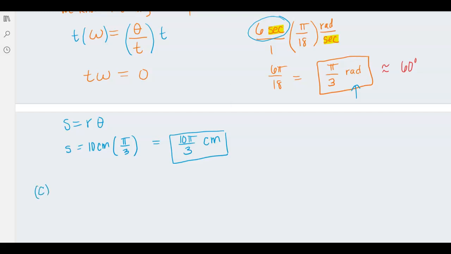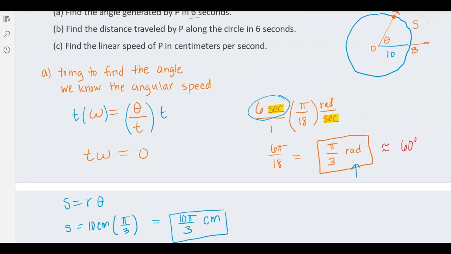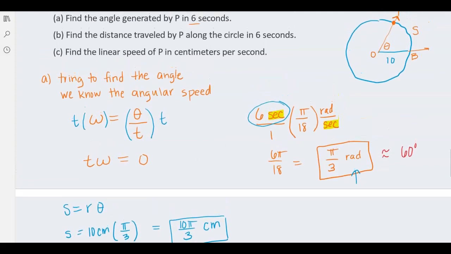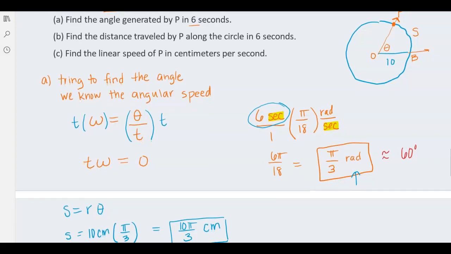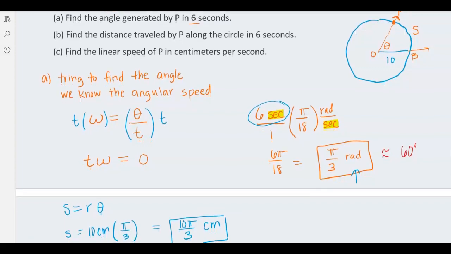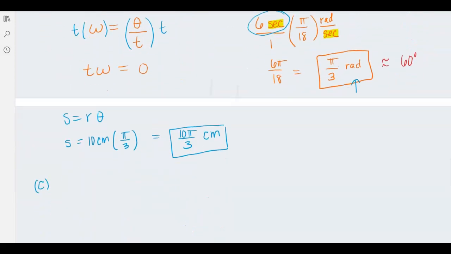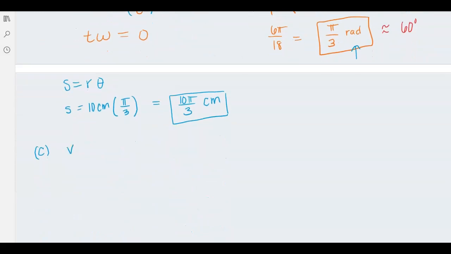And then part C is asking us to find the linear speed of p in centimeters per second. So now we're trying to find the linear speed. We know that velocity or speed is going to be the arc length, the distance traveled, divided by the time.